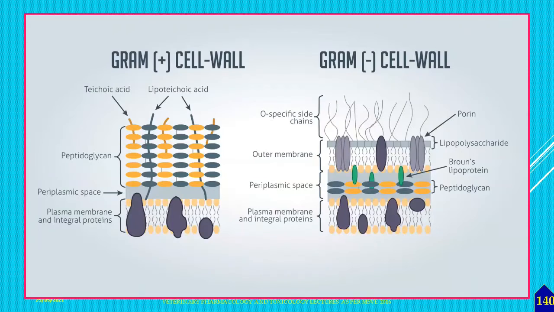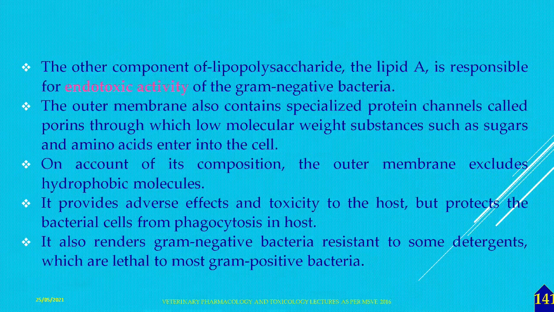Anyway, we will see the outer lipid membrane, which is there. It especially secretes the endotoxic activity of the gram-negative bacteria. Of course, among the gram-positive bacteria also, some of the bacteria will secrete endotoxins, like Staphylococcus aureus. So the outer membrane also contains the specialized protein channels called porins.